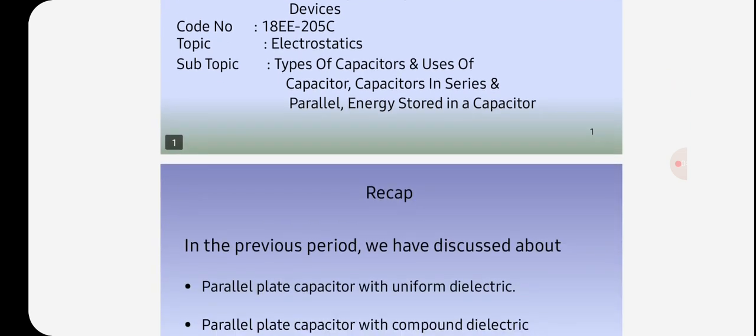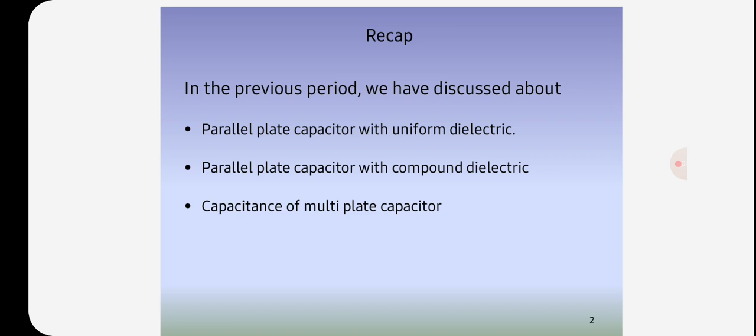In the last class we discussed the capacitance of a capacitor, the parallel plate capacitor with uniform dielectric, the parallel plate capacitor with compound dielectric, and the capacitance of a multiplate capacitor. The ability of a capacitor to store charge is known as its capacitance.